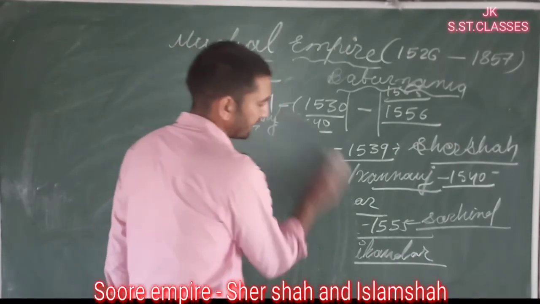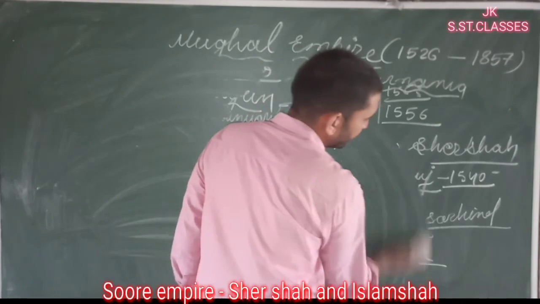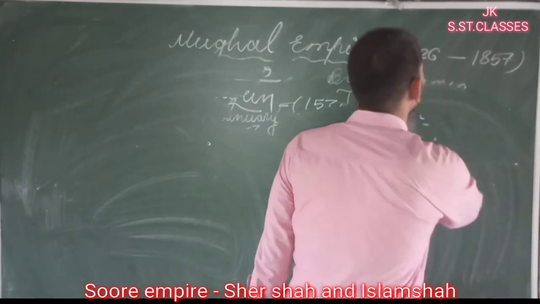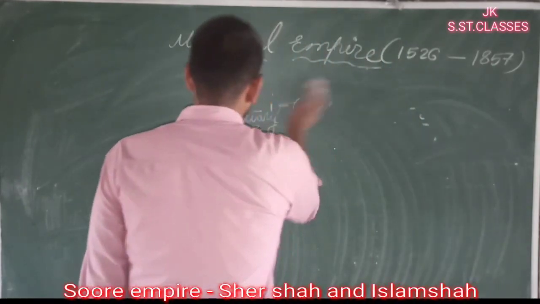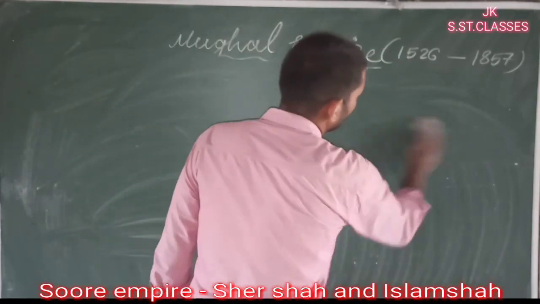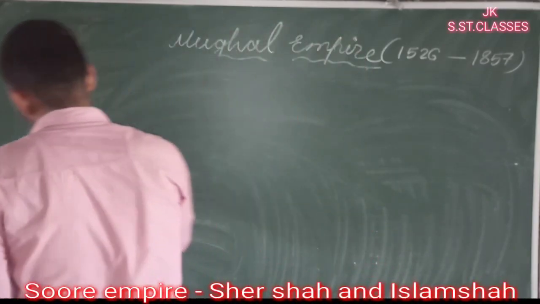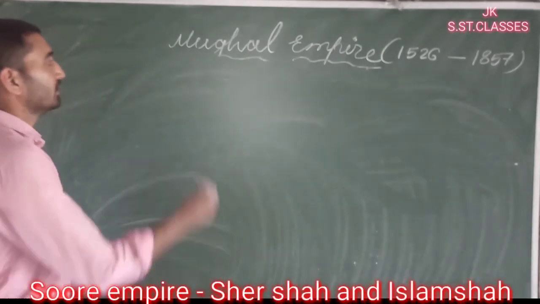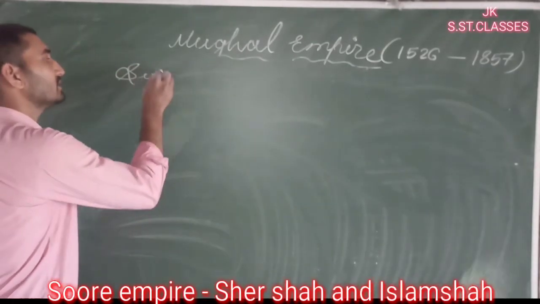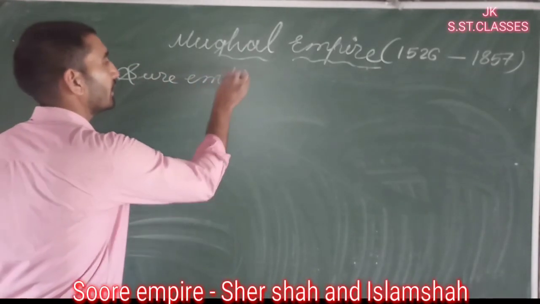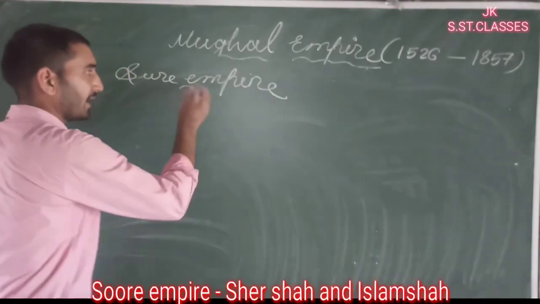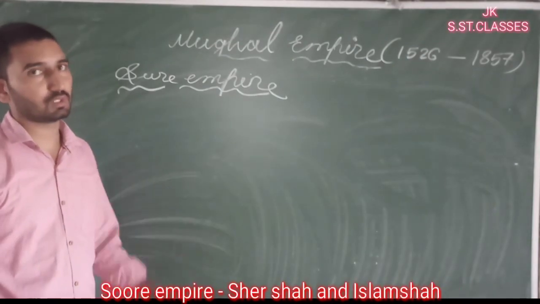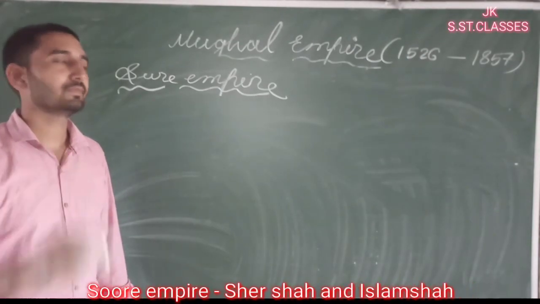After the Lodi dynasty, Soore was the next Afghan dynasty to rule over Delhi. In this way, the rule of the Soore dynasty was a break in the middle of the rule of the Mughal dynasty.